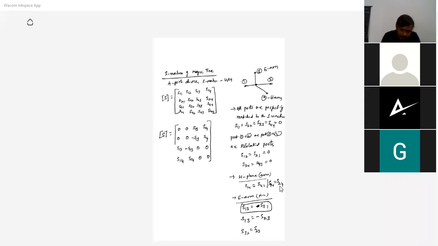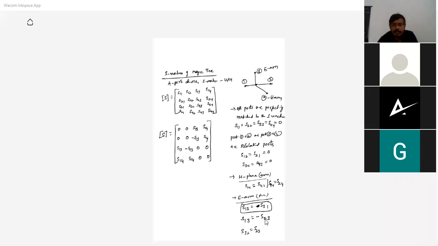Now this is the modified one. So now almost all are 0, and we only have the remaining ones. S13, S14.